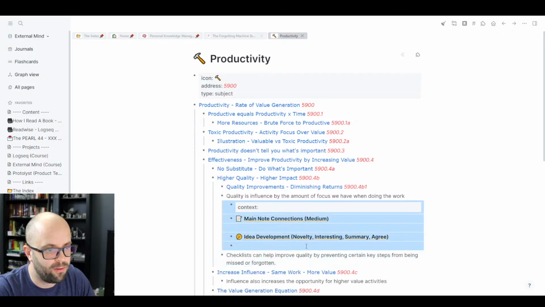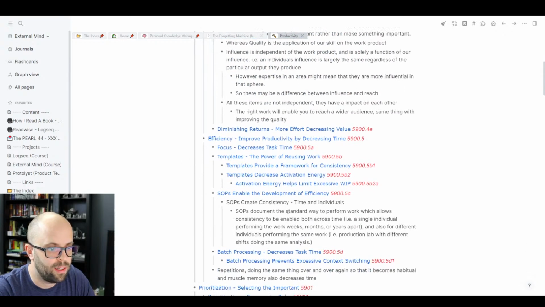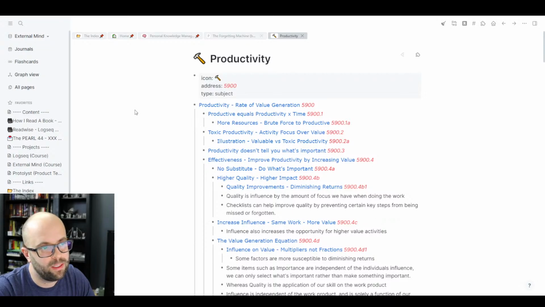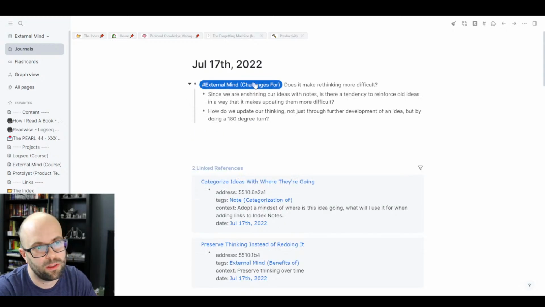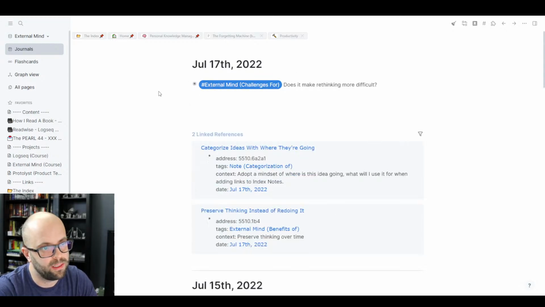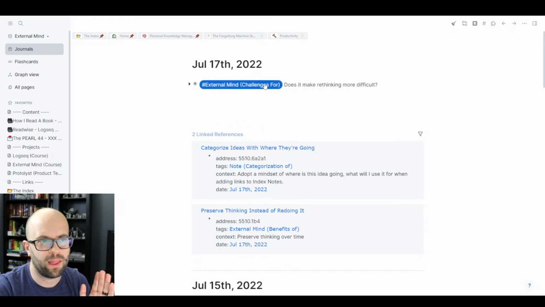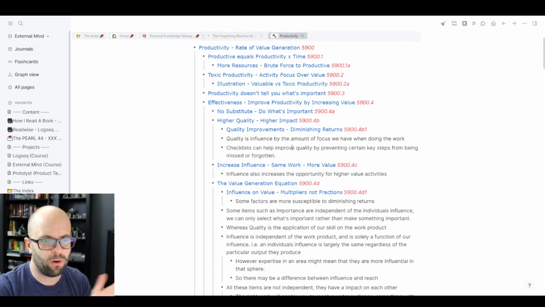But I found that this can get quite chaotic over time, so I've tried putting things behind a tag on the daily note, so I'm only presented with that information when I want to look at that specific tag, instead of being presented with all the information all at once.